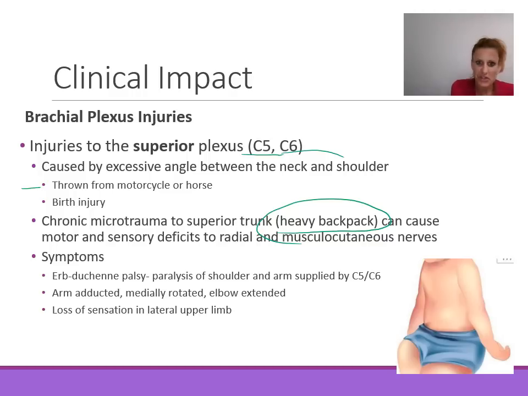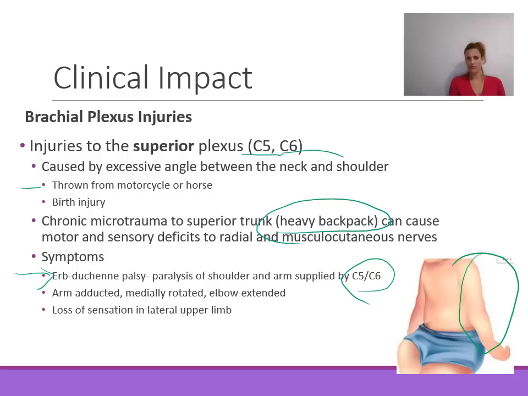Symptoms of injury to the superior plexus include Erb-Duchenne palsy. Erb-Duchenne palsy is a paralysis of the shoulder and arm muscles that are supplied by C5 and C6. The arm tends to be in this resting position right here. So the arm is adducted, it's up against the body and medially rotated.